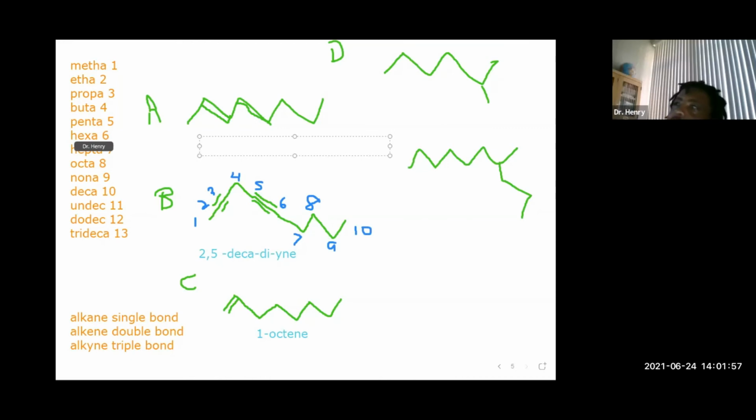Okay, so for A, where am I going to start counting from? Left or right?